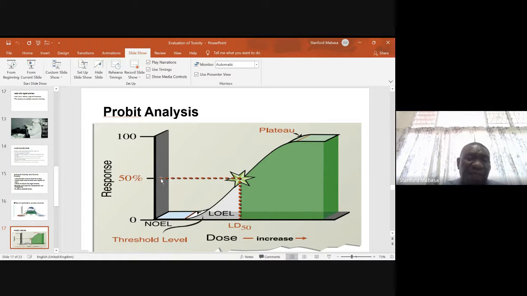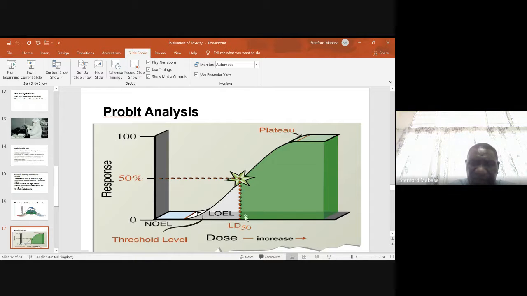And what we define as LD50 is 50% death of the animals when they are subjected to a certain concentration. So we find out how much of the pesticide concentration can cause 50% death to the test animals.